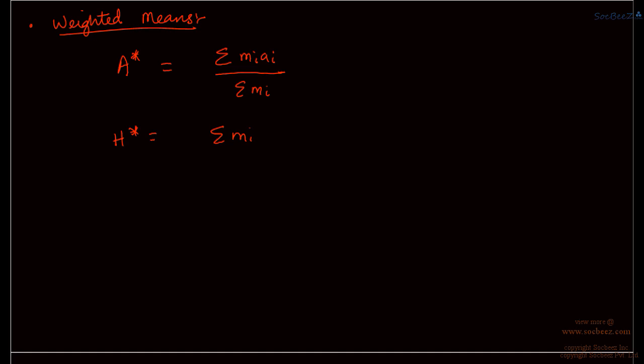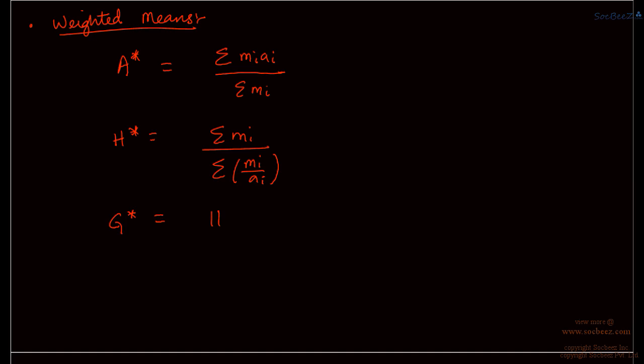Similarly, the harmonic mean is defined as sigma mi by sigma of mi by ai, right? So this is sigma of mi by ai, that is m1 by a1 plus m2 by a2 plus m3 by a3, and the numerator is just m1 plus m2 plus m3, right?